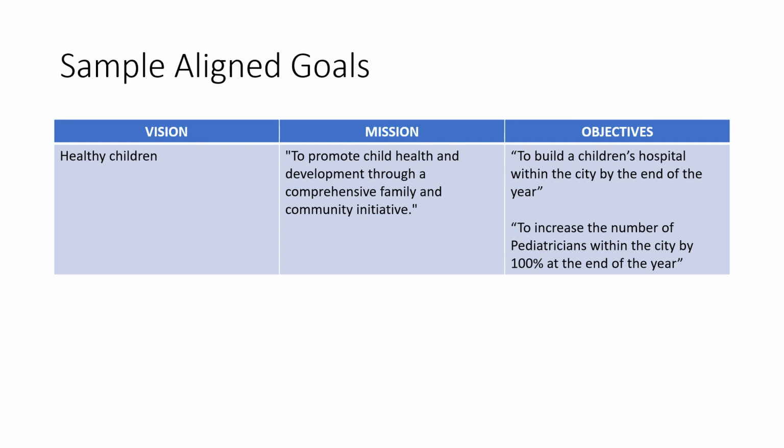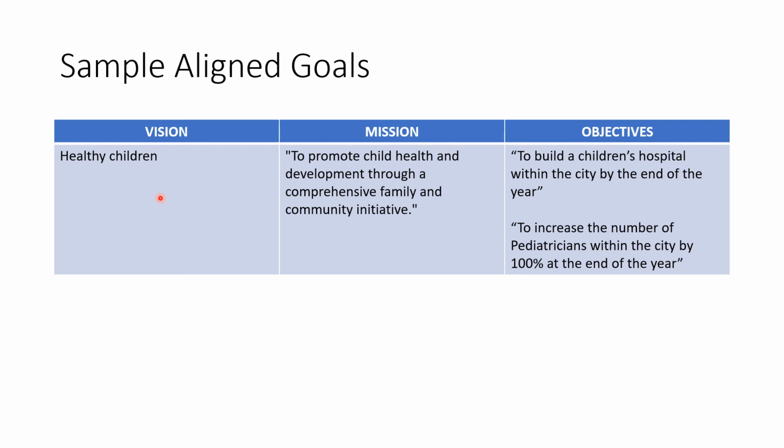Their mission, if that is the case, is to promote child health and development through a comprehensive family and community initiative. Okay, this is their mission, is more specific than their vision. Their vision is a bit broad, diba? Healthy children. Okay? There are many aspects to this. There are many areas to this. Okay? This is very vague.